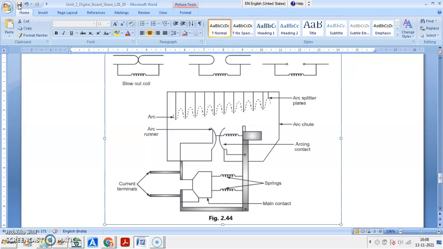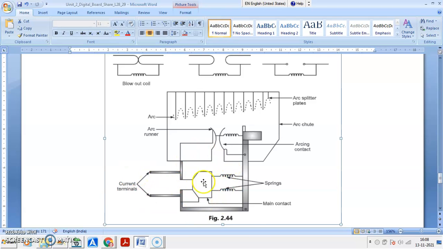So you are having this blowout coil, contacts are closed, contacts are open. Main contacts carry current when the circuit breaker is closed. You are having these auxiliary contacts provided.